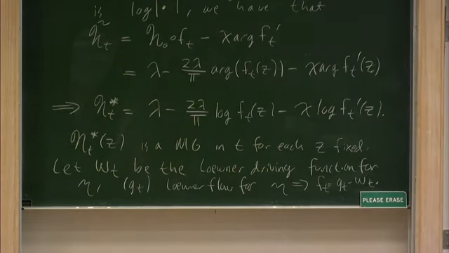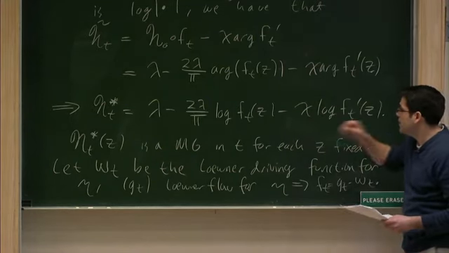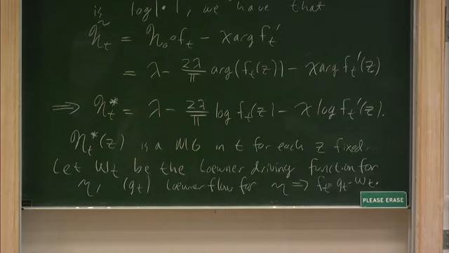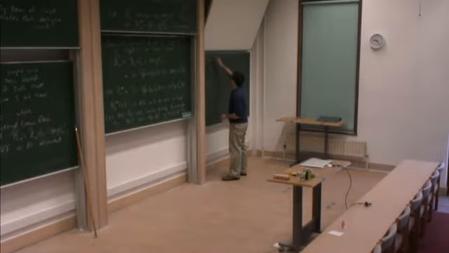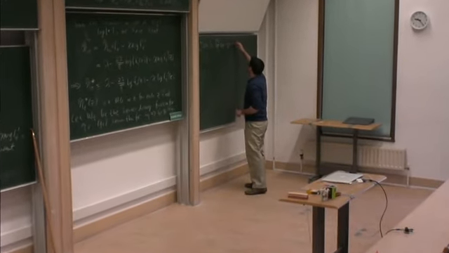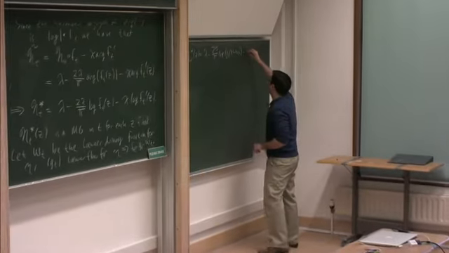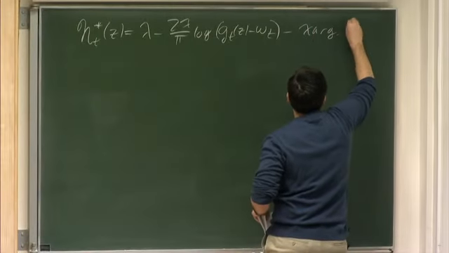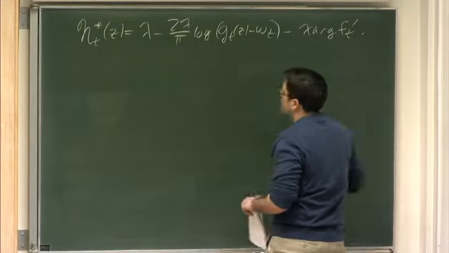Now I can take my equation here for ht star and rewrite it in a slightly different way. This is the same thing as saying that ht star of z is equal to lambda minus 2 lambda over pi times the log of gt of z minus w of t, minus chi times the argument of ft prime.